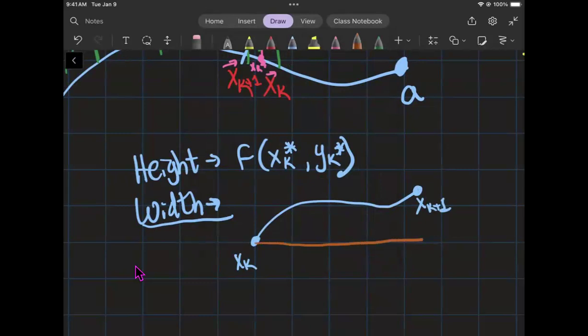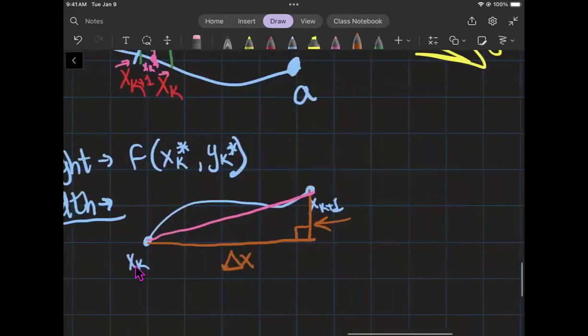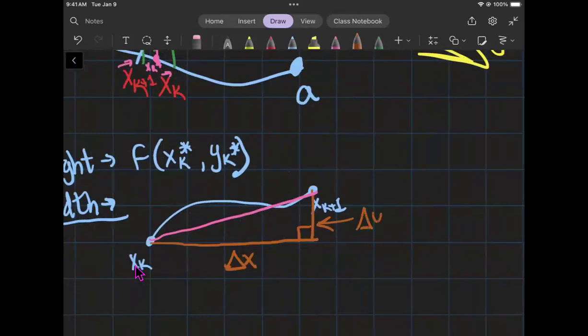So it's time to get back to using the Pythagorean theorem. If we draw in a right triangle, this length right here would be delta x. This would be the height, delta y sub k. And for the hypotenuse, just use the Pythagorean theorem, so we'll have delta x squared plus delta y sub k squared.